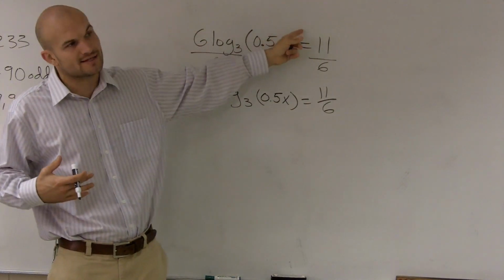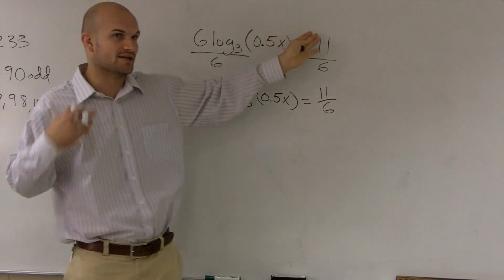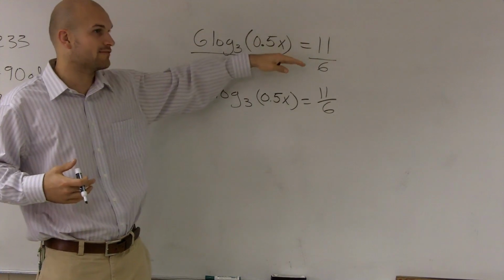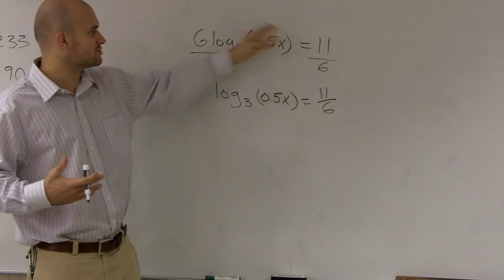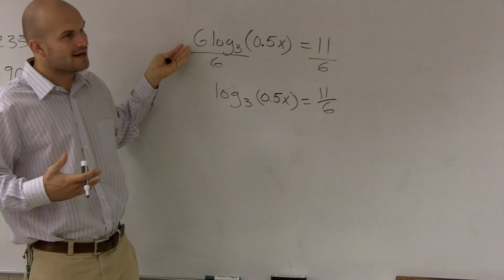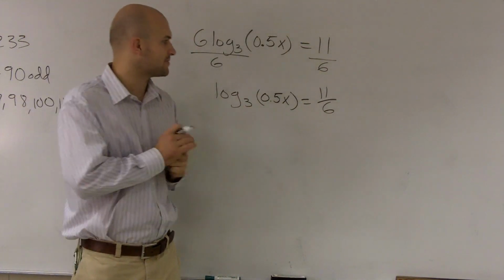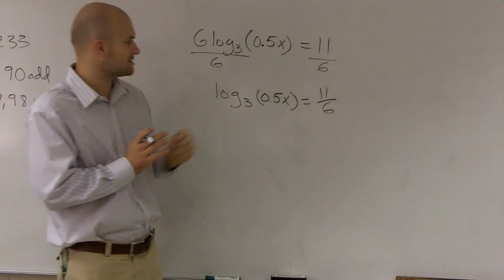But yes, you could have rewritten as the 6th power, but then you need to remember, Audrey, that you have to take the 6th root to get rid of it eventually. So try to always keep them like this, because I'm sure you'd probably rather deal with dividing and multiplying than dealing with roots. But you would get the same answer if you worked it out that way.